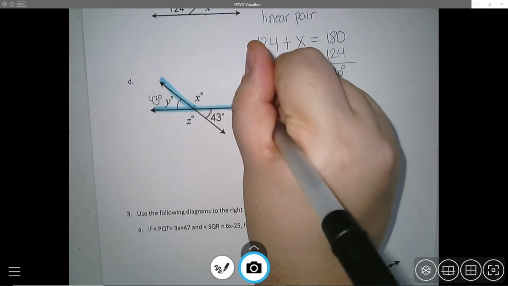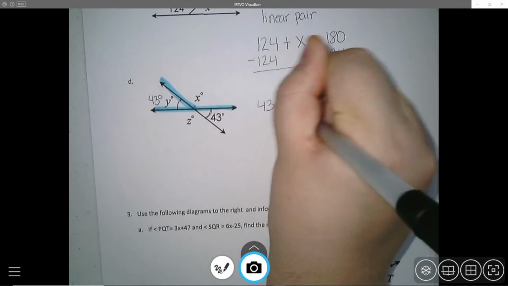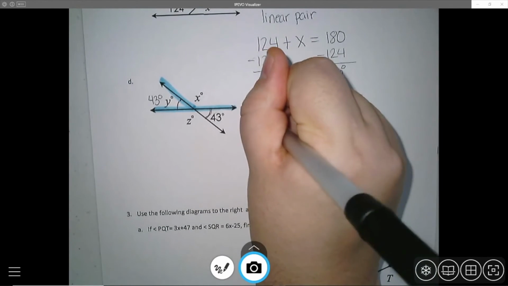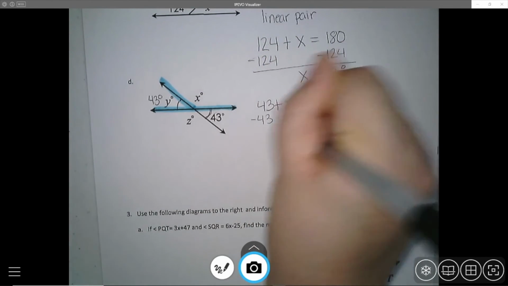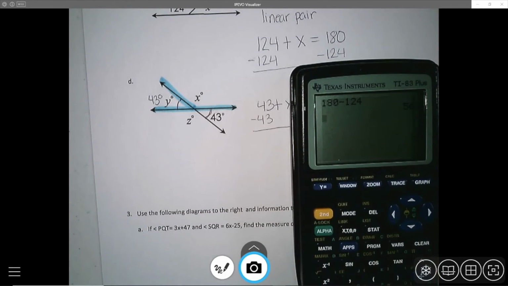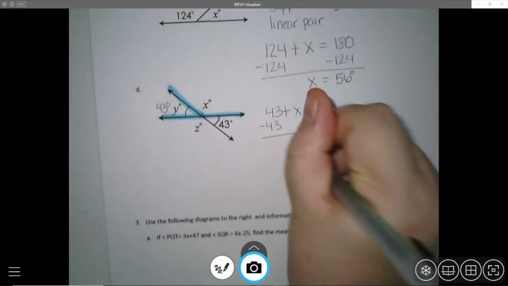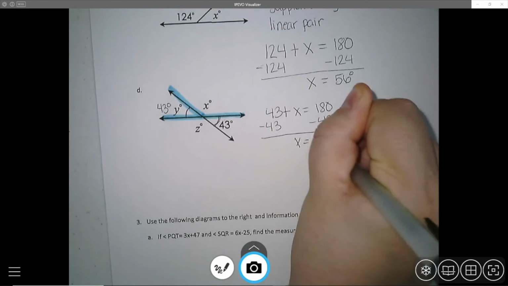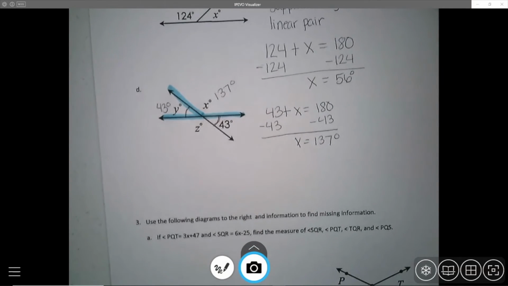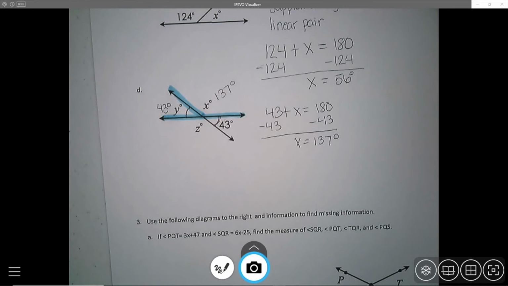If they're a straight line, they add together to be 180 degrees. So 43 plus x equals 180. Subtract 43 on both sides. And again, utilize your calculator if needed. 180 minus 43 is 137. So x has to be 137. So this is 137 degrees. Now, I could solve z for multiple ways.